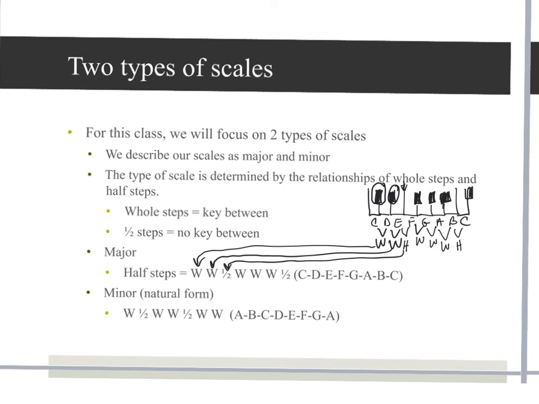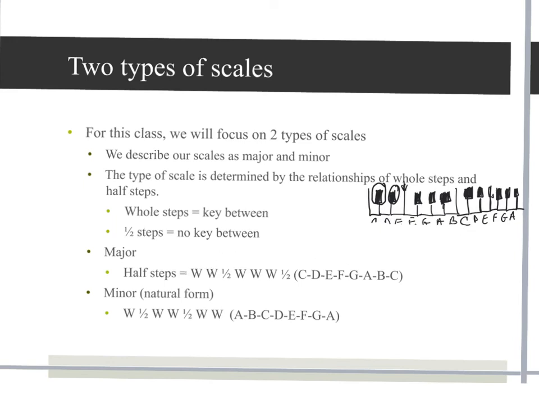Now, if I were to continue on here, I'm just going to add in a few more notes. Okay, so there's C, now here's D, E, F, G, A. Okay, I'm going to erase everything I've written down here because I've just showed you this scale.